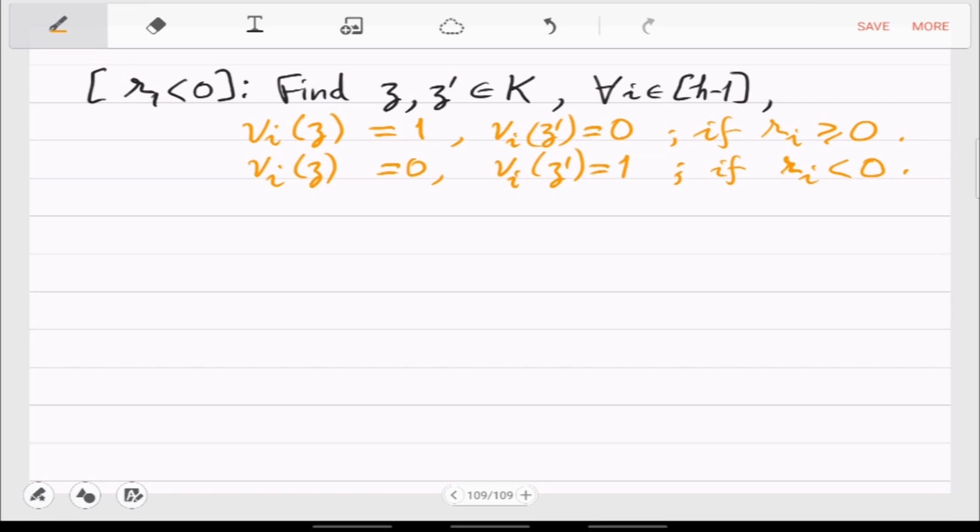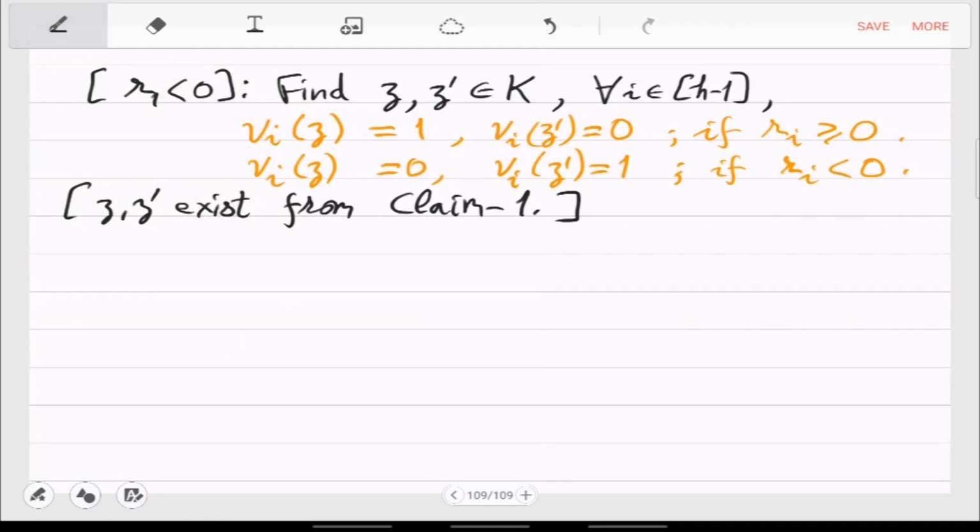Yeah, so they exist. That's from claim 1. Because we are asking only for 1 to H minus 1. So that was the induction hypothesis based claim 1.